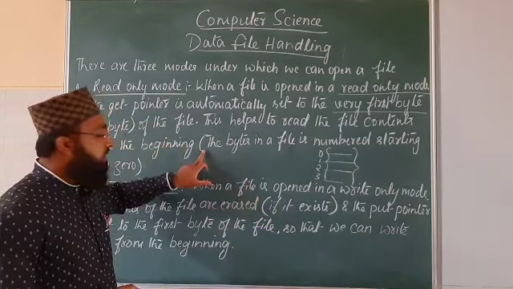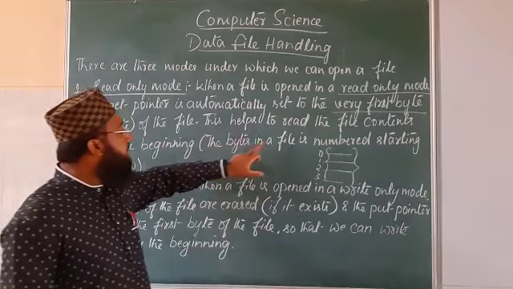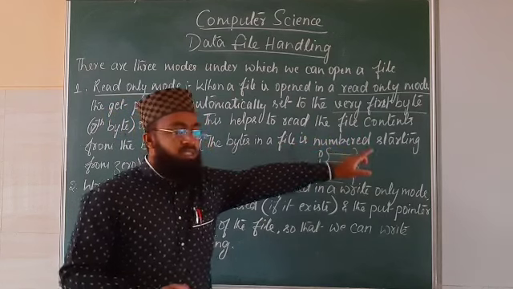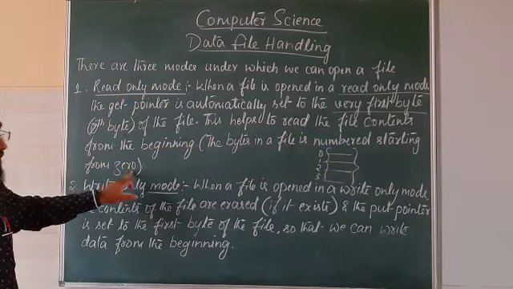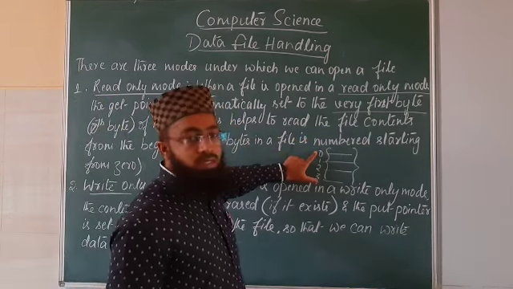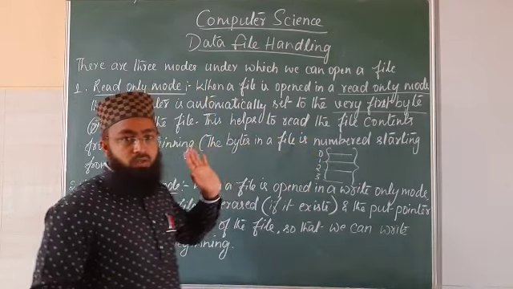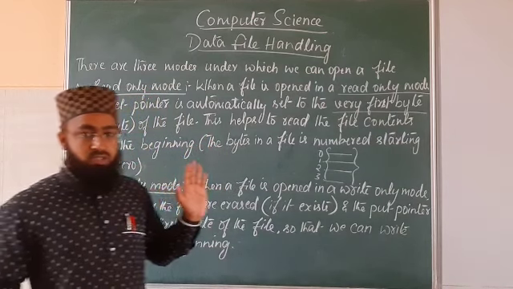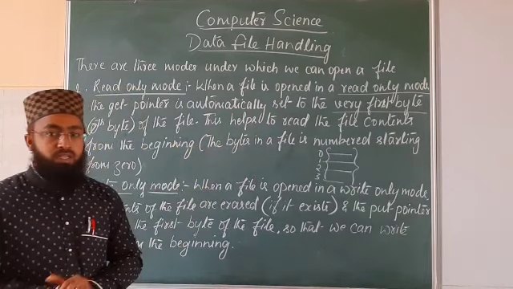Here in brackets, one thing is given: the bytes in a file are numbered starting from 0, as I have shown here. Hope you have understood the read only mode.